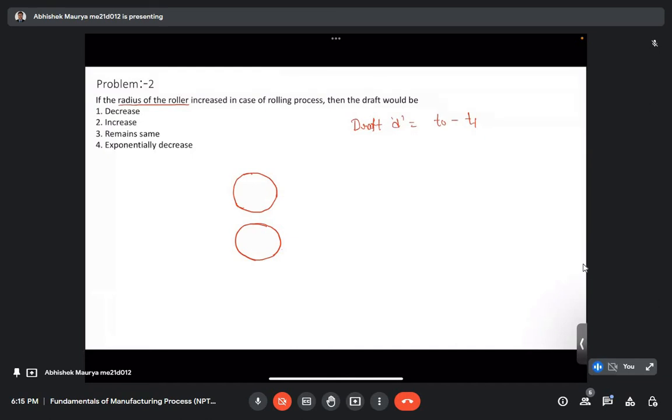Okay, so basically here we are trying to compare the effect of the roller diameter on the draft. So first I have drawn two rollers with a roll gap of, let's say, TF, and now we will draw another set of rollers with a big diameter.